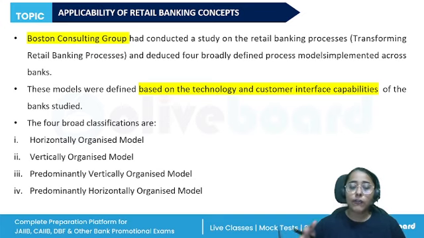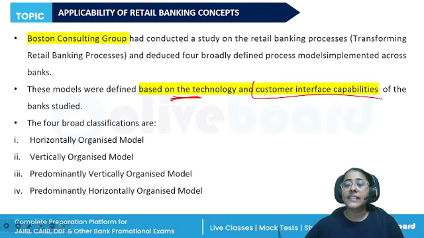There was a study conducted by the Boston Consulting Group on the processes utilized by retail banks, and they categorized four process models: how the banks implement their products and the information they have across the various products. These are based on two things: how the technology is utilized, and the customer interface capabilities.